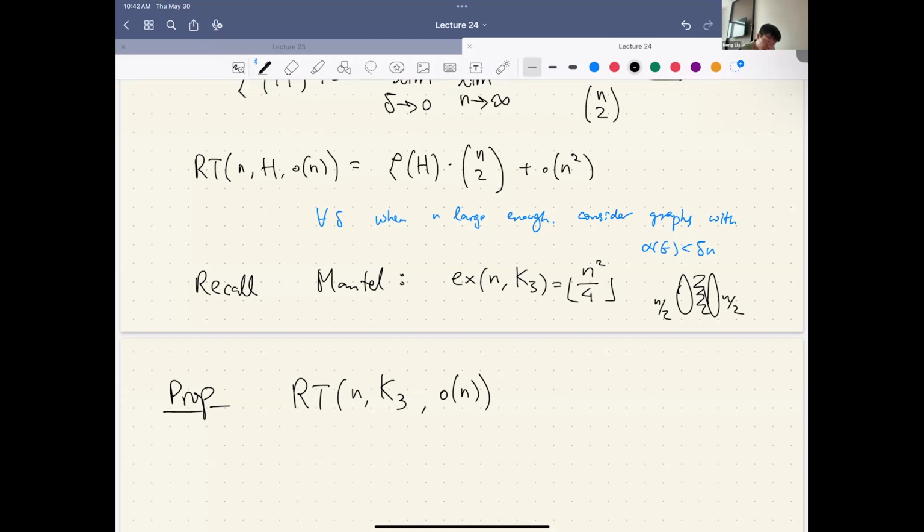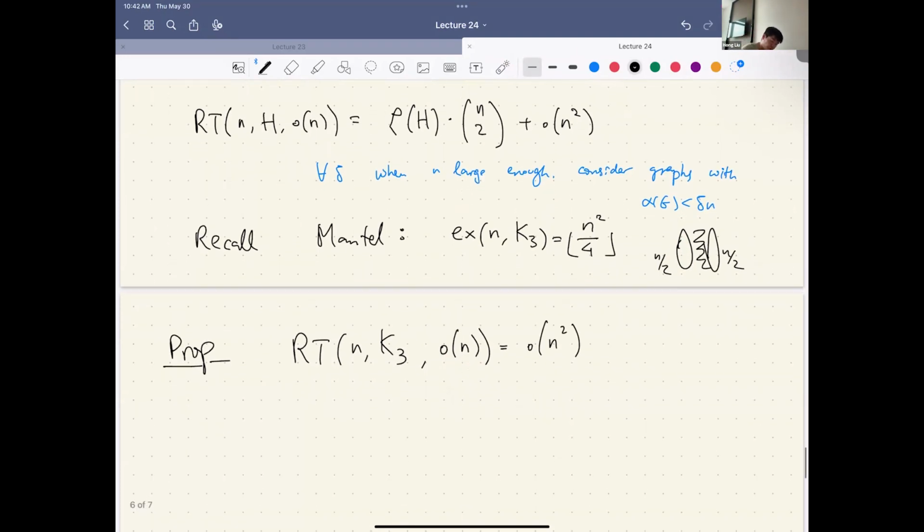But if now we say you don't have linear size independent sets, so on every linear size set you must see an edge there, suddenly you don't have a quadratic number of edges. You have little o(n squared) edges.